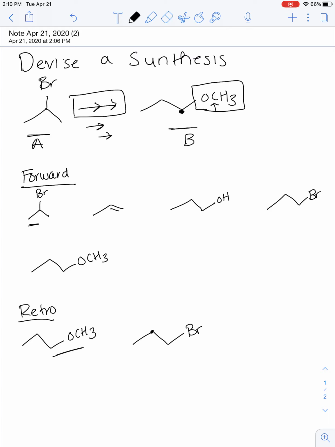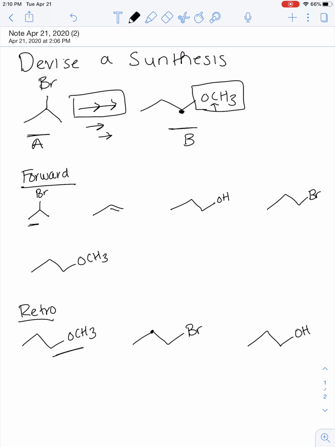In order to form a double bond, we could put a hydroxyl group on here, just because we know that we can form a double bond, right? If we have a double bond, we can use hydroboration, or we can use oxymercuration, depending on where we're going to put that hydroxyl group, on the more substituted or the least substituted carbon.